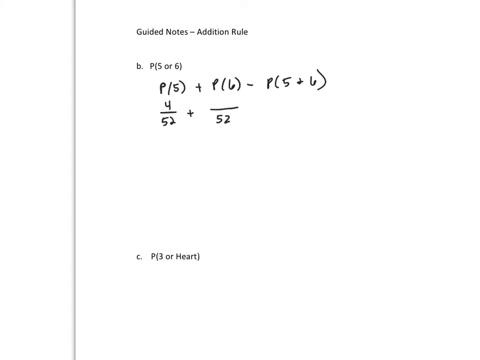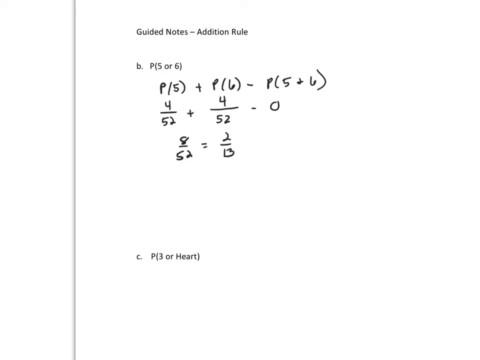Total 52 possibilities. There's 4 of them. And minus the probability of a 5 and 6. It's 0 because you can't pull out a 5 and a 6 on one card. So that is 4 over 52 plus 4 over 52, which gives you 8 over 52. Let me erase that so it looks a little bit better. 8 over 52, and that's 2 over 13.